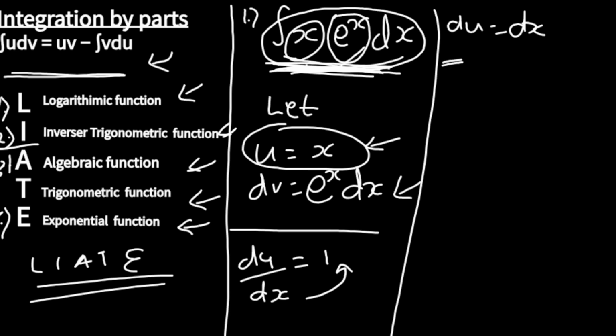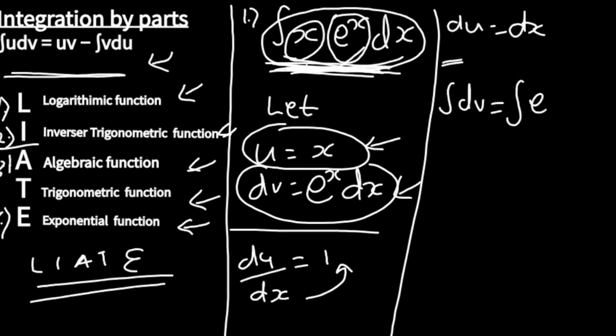Now, the next step here is to find the integral of this part, that is the integral of dv. You find the integral on both sides. Remember this is a derivative. An integral and a derivative will cancel out.